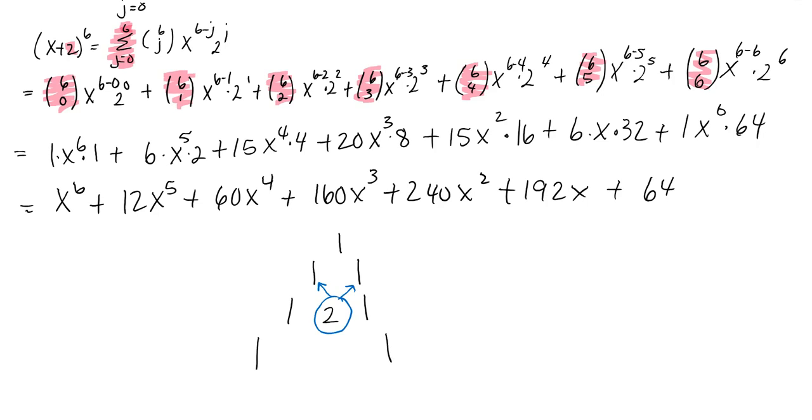And this time you're going to have two numbers to fill in here. And once again, you're going to get that by using the two numbers from the row above. So 1 plus 2 is a 3. 2 plus 1 is a 3.